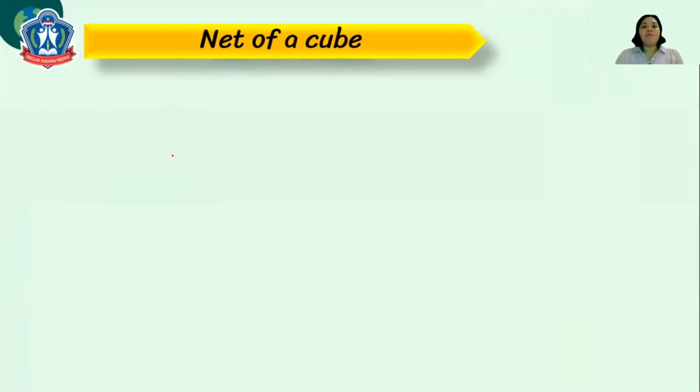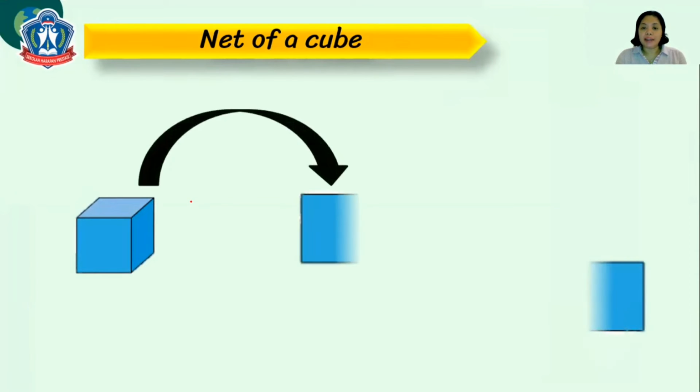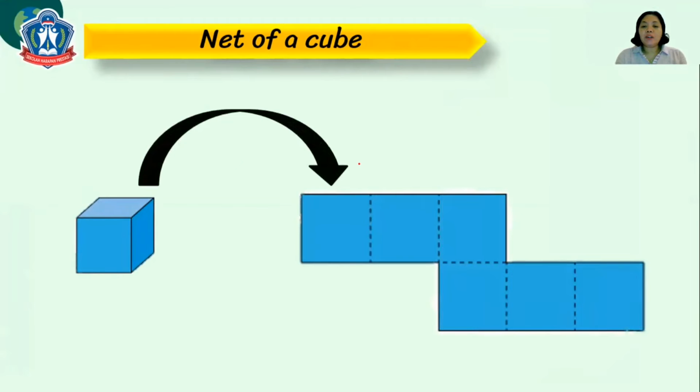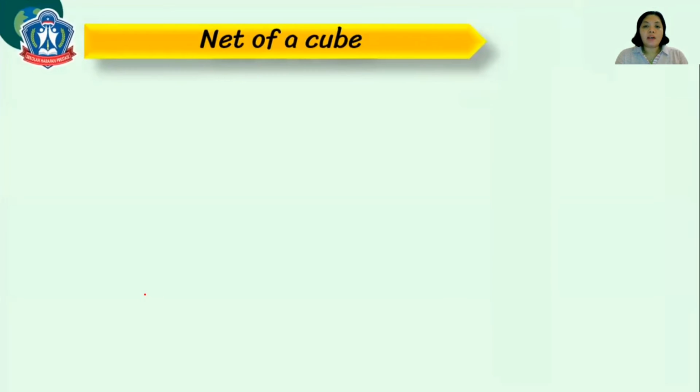Now let's study the net. A net, children, is what we get when we open a 3D shape flat. If we open a cube, it will look like this. As you can see, it consists of how many squares? 6 squares. So remember that. This is also a net of a cube.